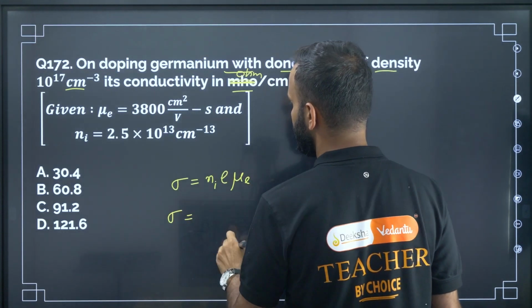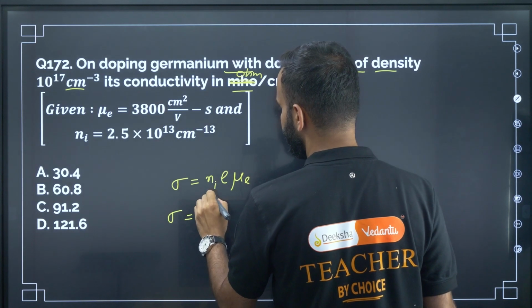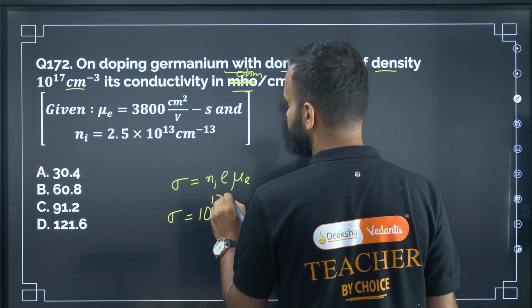Now sigma is equal to Ni, which is 10 to the power 17 per centimeter cube.